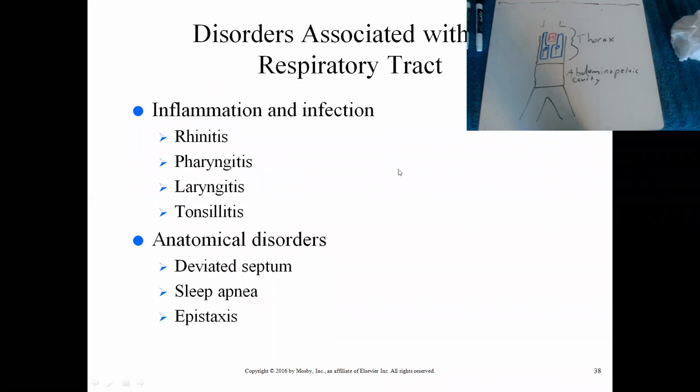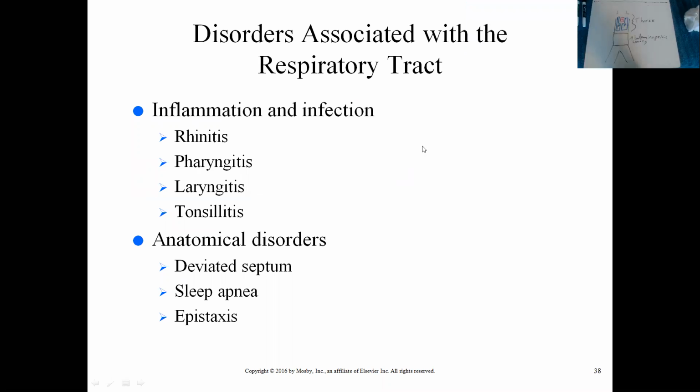And now that I've talked about all that anatomy, last are some disorders. So I divide these up into groups. These are disorders of the upper respiratory tract. The first 4 are all infections.